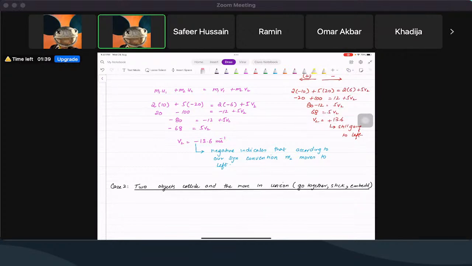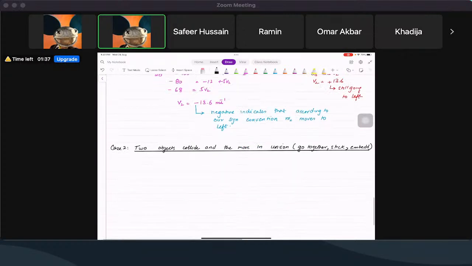Basically what it means is that suppose there was a body which was 2 kg. It was moving at u1 like this, and there was another body that was 3 kg and u2, and it was moving in this direction at 4.0 meters per second.